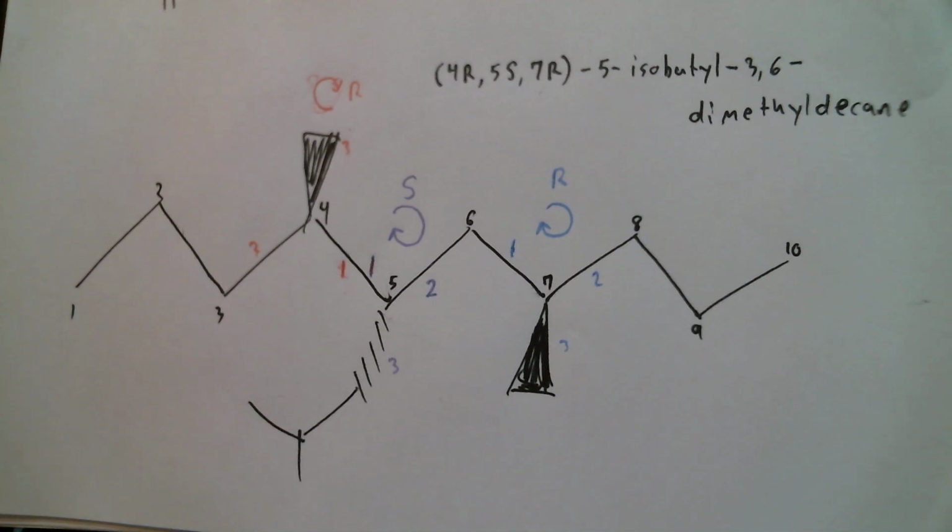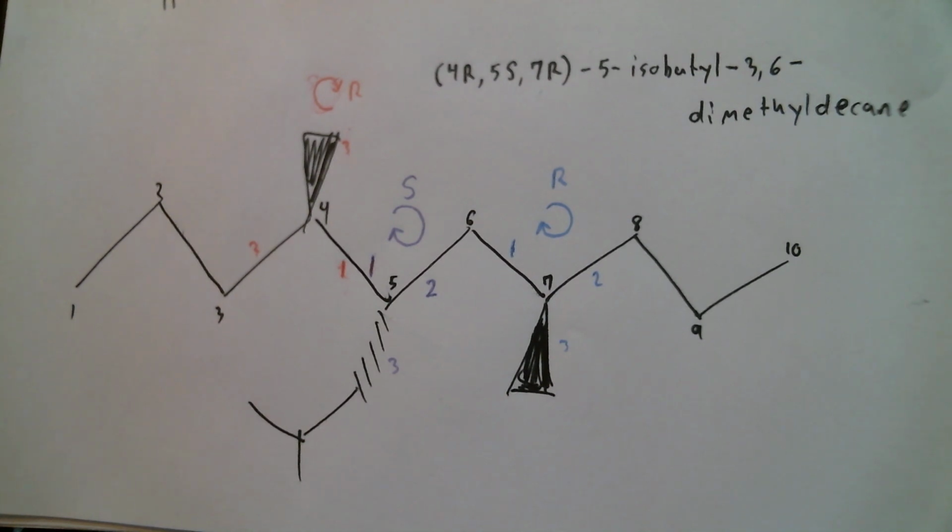And looking at number 7 carbon, we see that there's a methyl group substituent, so compared to the other ones, that would be the 3rd priority. Going to carbon number 6 direction, we see that when we hit carbon number 5, we have 2 carbons attached to it, and if we went into carbon number 8 direction, it's just a single alkane chain, so there's only single carbons bonded to it.